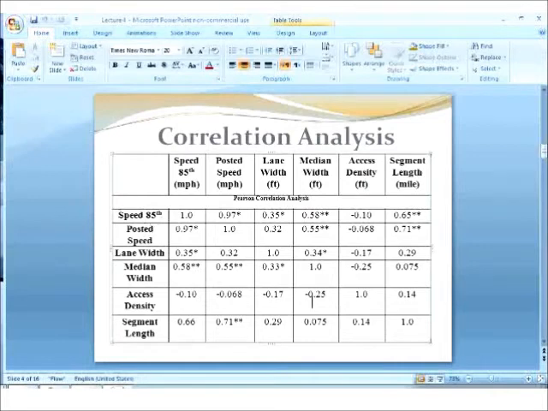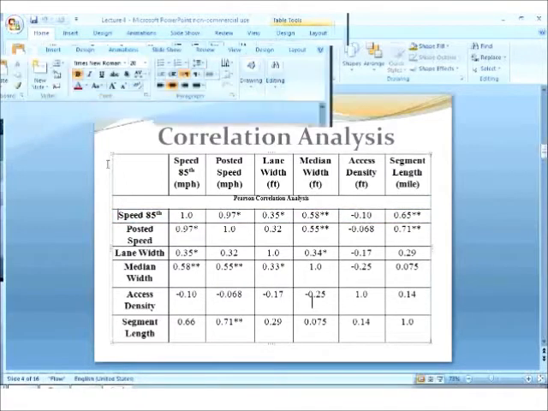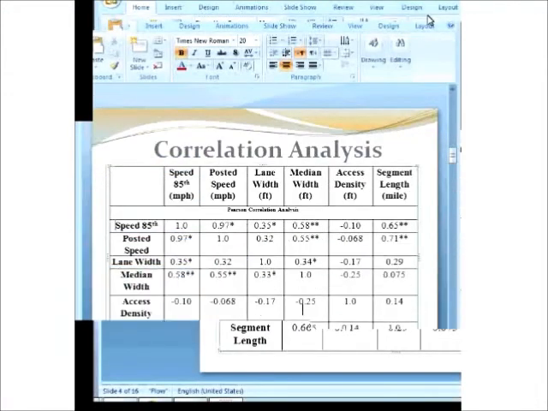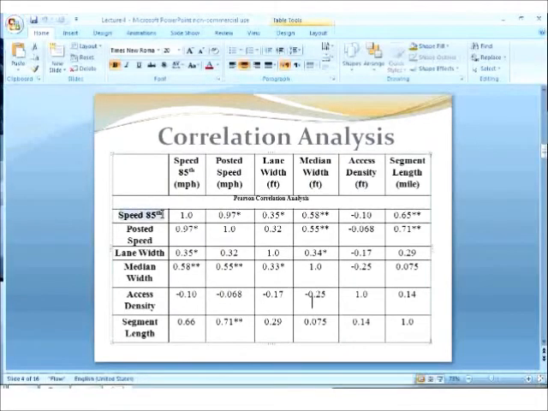Now, the first line in this table shows the independent variable, which is the speed, and the dependent variables: the posted speed, lane width, the width of the median, how many driveways there are, and the length of the segment, or the length of the roadway between two signals.